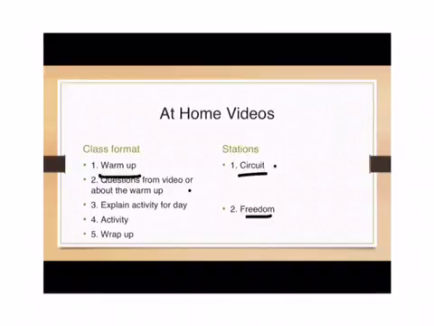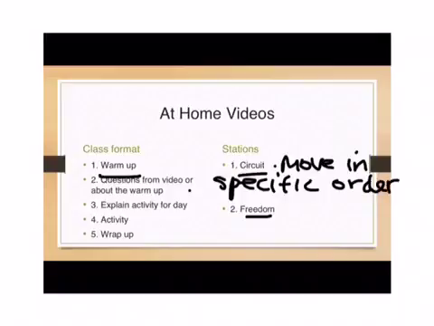The freedom to choose means that for any station, they don't need to do the station next to it or before it in order to do the one that they are at. Okay, so circuit training, they move in a specific order, and freedom is they can choose station order.